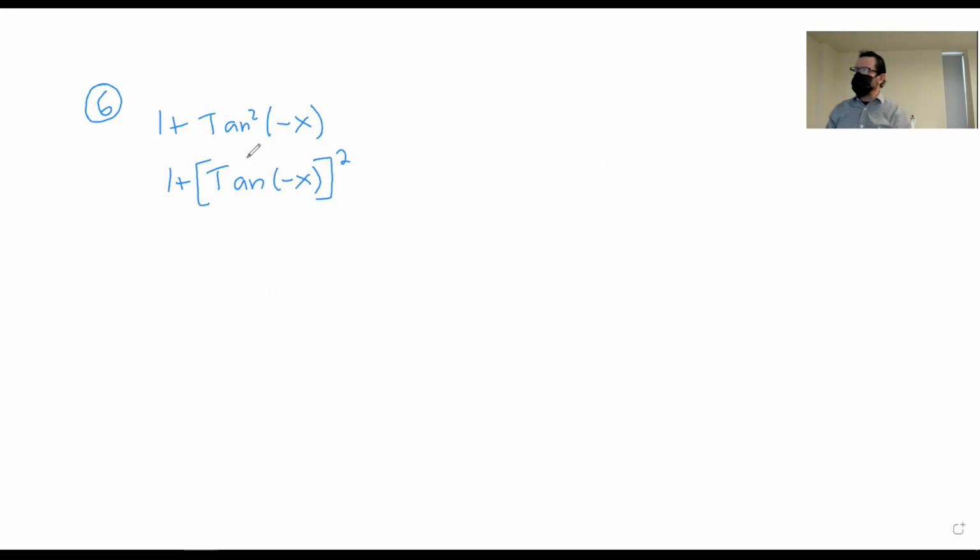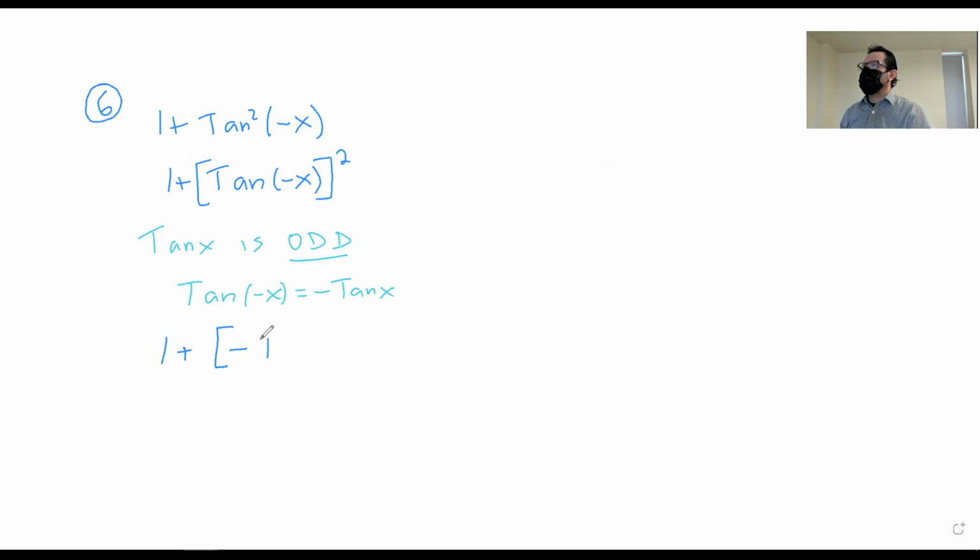And so if tangent of x is odd, that means that tangent of minus x is equal to minus tangent of x. And so for the original function that I've got, tangent of minus x is equal to minus tangent of x.